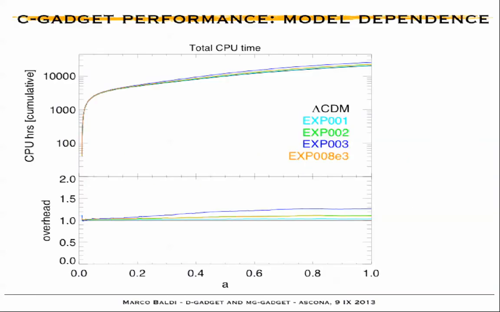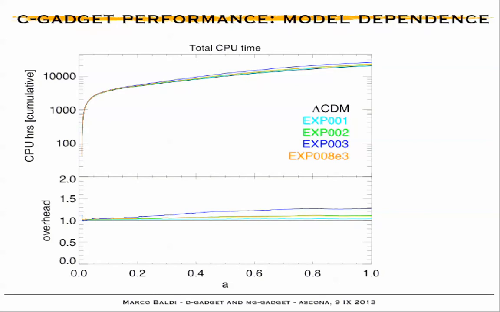Okay, coming to code performances. So these are a few plots on the total CPU time. Don't pay very much attention to the scale here because these different plots have been obtained using test simulations done on different numbers of processors with different numbers of particles. But in any case, of course, the range of models is always self-consistent, so it is always the same number of particles, the same number of cores, and the same machine on each plot.